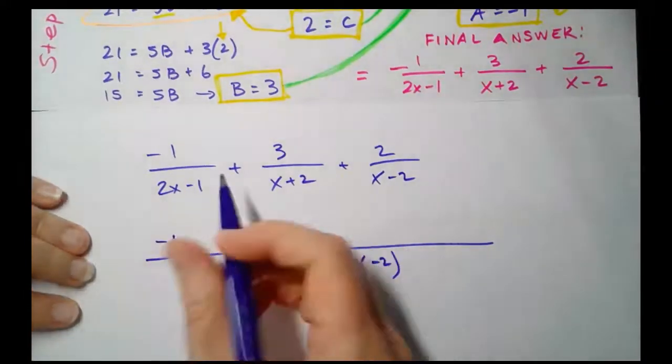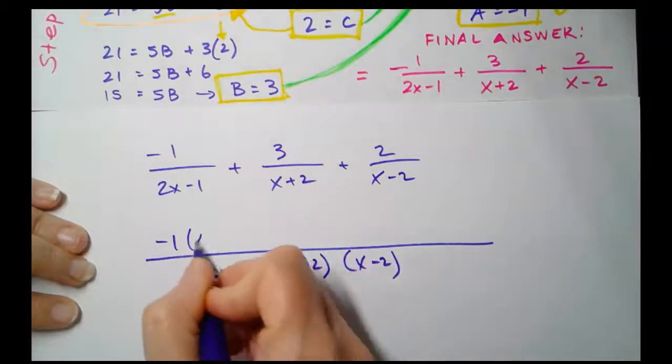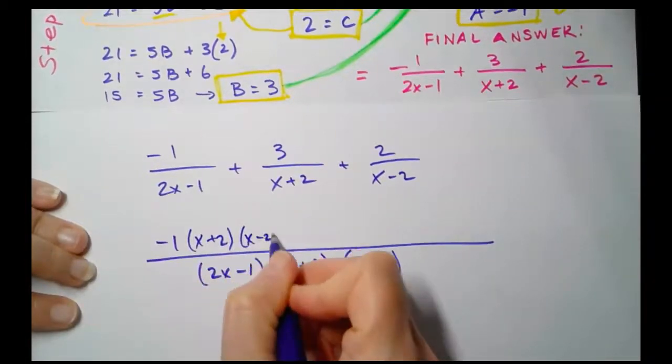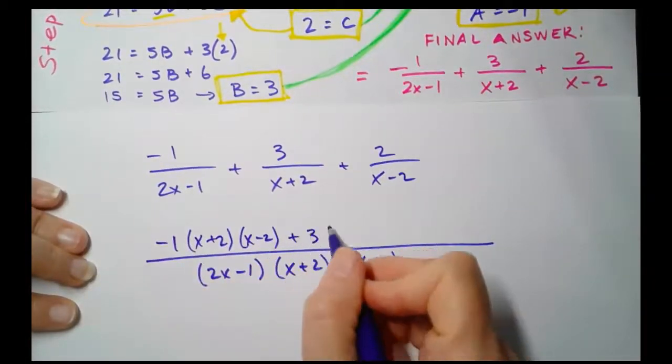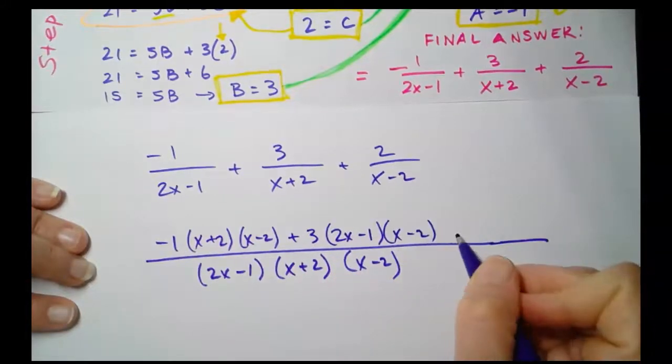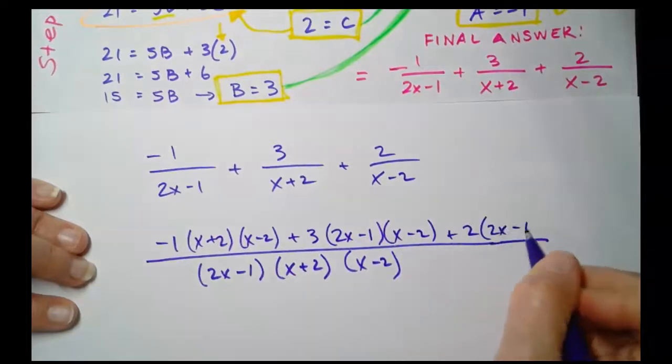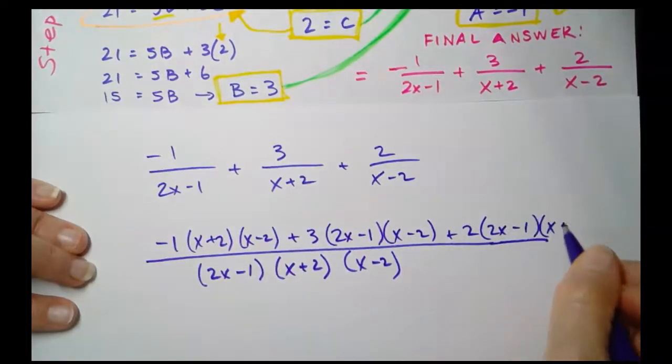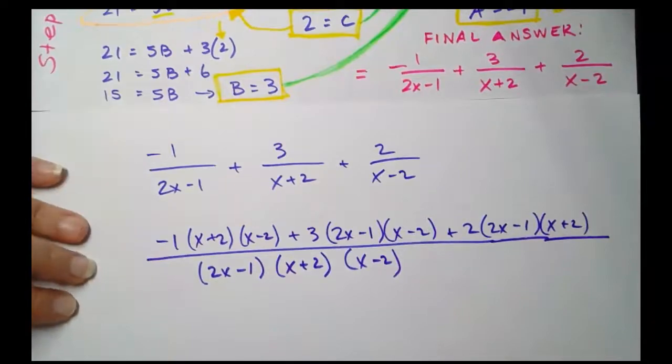So the first term is missing x plus 2 times x minus 2. The second one is missing 2x minus 1, x minus 2. The third one is missing 2x minus 1 and an x plus 2.